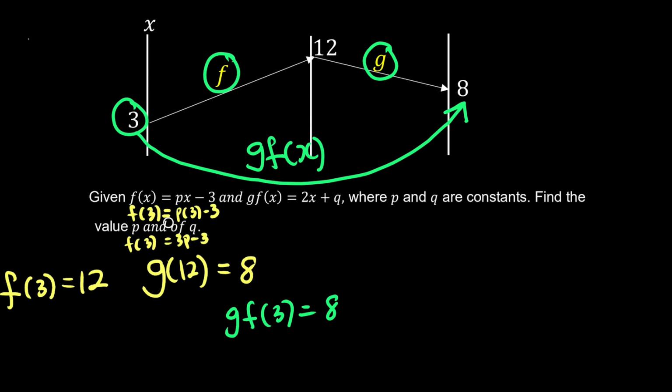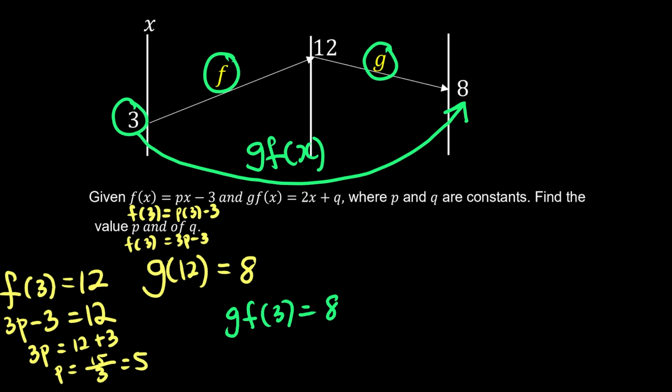But we know the answer is going to be 12. So 3p minus 3 is 12. When you have a minus, go over there, it becomes plus. 12 plus 3. Together is a times, go there, become divide. So p is equal to 15 divided by 3, which is 5.